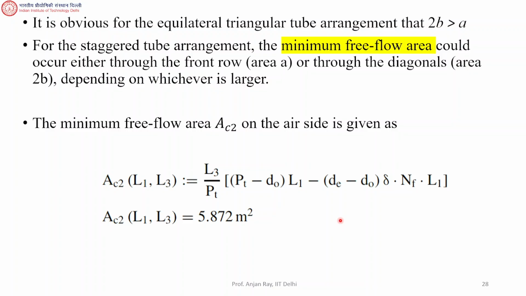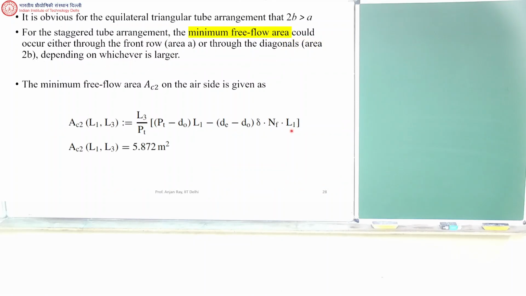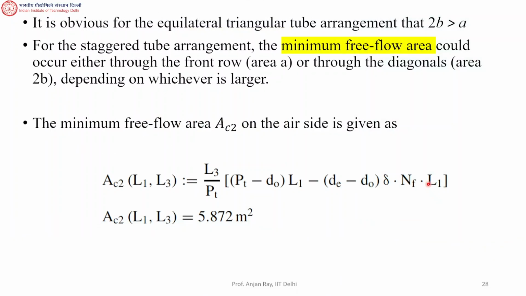Okay? So we have these tubes, and this flow between tubes is what we are talking about. That is a free flow. And that's this thing. So here, this is the effect of the fins, right? If there were no fins, then the free flow area would have been like this.